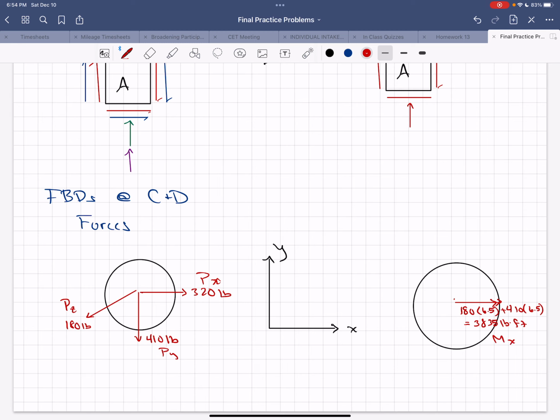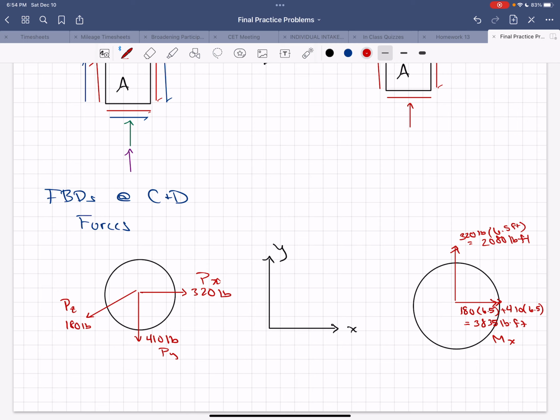Our moment around Y is positive, and this is 320 pounds times 6.5 feet. And we get 2,080 pound-feet.